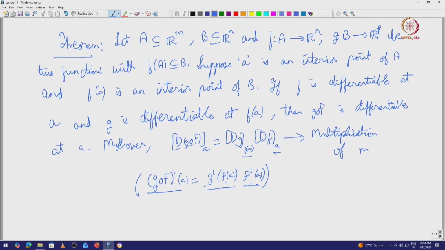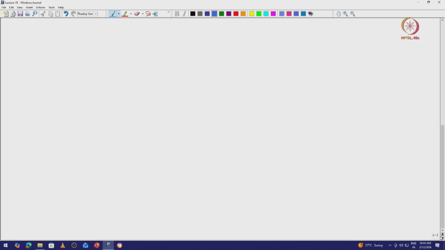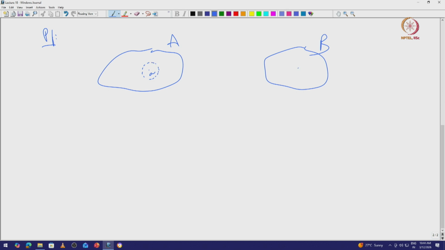Right, so how does one prove it? You simply follow the intuitive idea, but keep track of the errors. The last time we noticed that suppose this is A, this is B. If you take a point A here, because it's an interior point, you have a small ball around it, of radius epsilon 1, and a small ball around this, of radius delta 1.